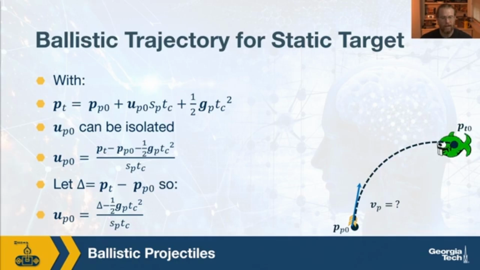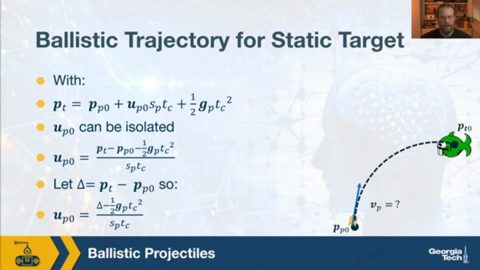So you've got the position of the stationary target minus the initial position of the projectile, or the launch position, and then minus the half gravity times time squared, over speed times the t.